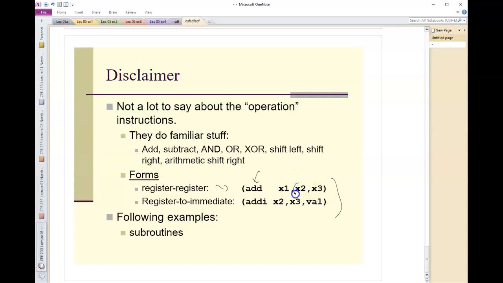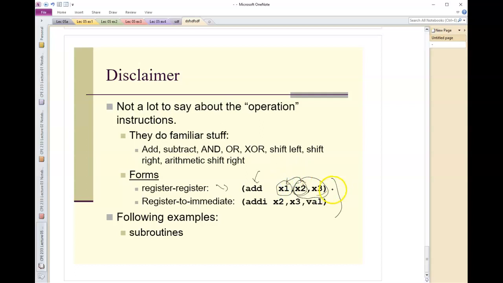What it's going to do is take these two source operands, which are two registers. It's going to add the values in those registers and store that value in X1. So the value in X1 is going to change. The values in these two registers are not going to change. It's essentially reading X1, X2, and X3, storing the result, or writing the result to X1.